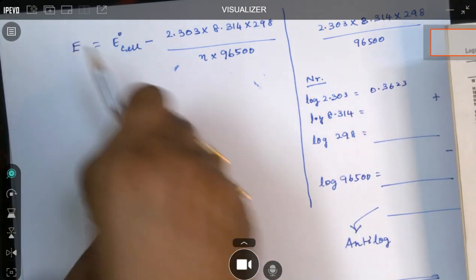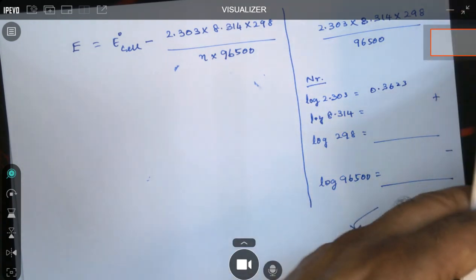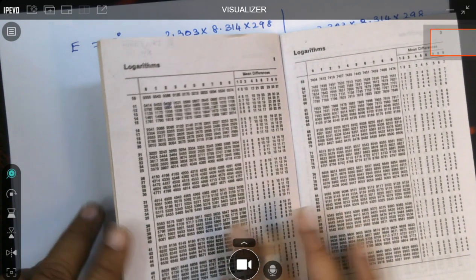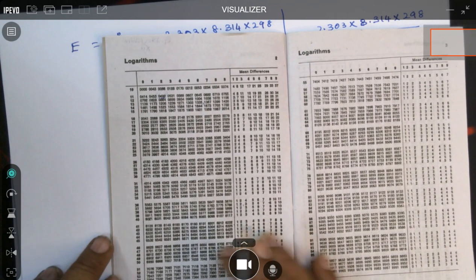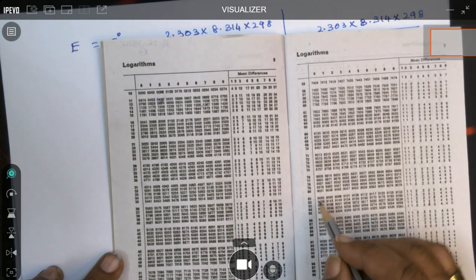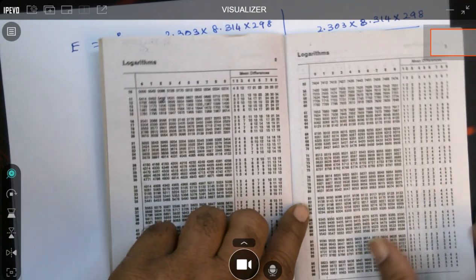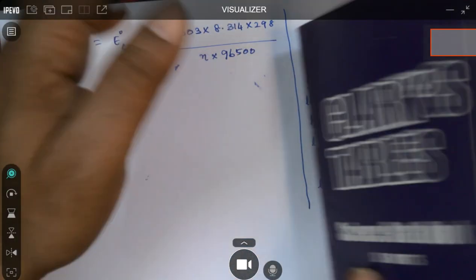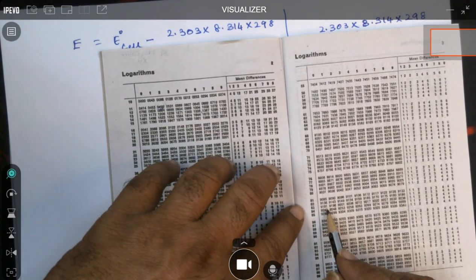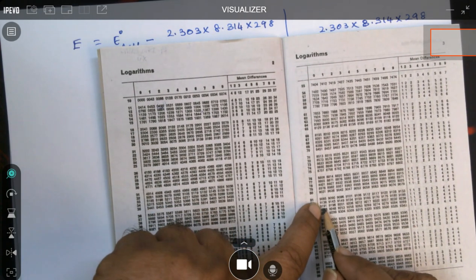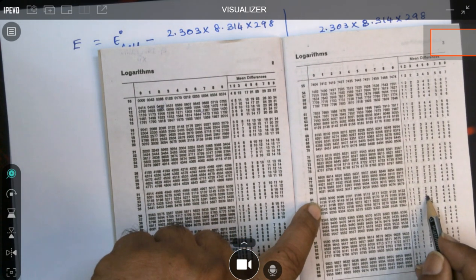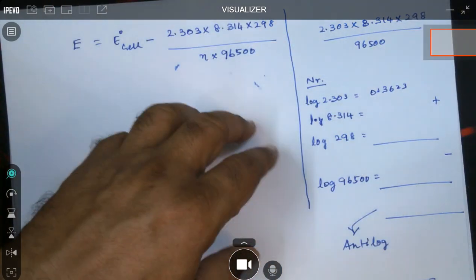and then 8.314. Again take the logarithm of 8.314 means 83. Take 83 and 314. 83 is 9191 and 4 values 2 mean difference. So 9193. Okay.